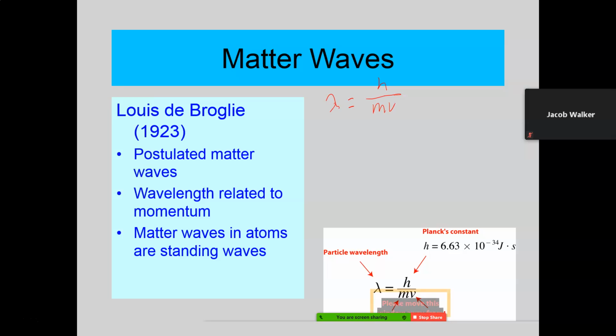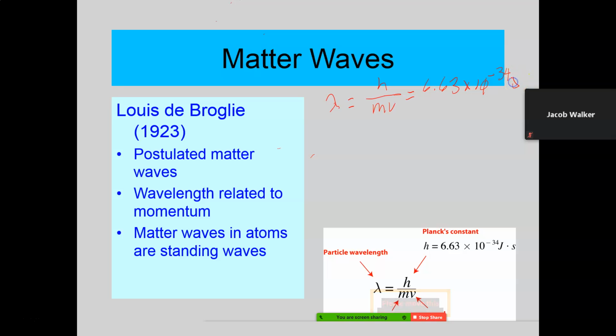A 0.150 kilogram baseball. So let's write down, if I could get my pen to show back up. It keeps disappearing. There it is. Planck's constant is 6.63 times 10 to the minus 34th. Talk about an incredibly small number.